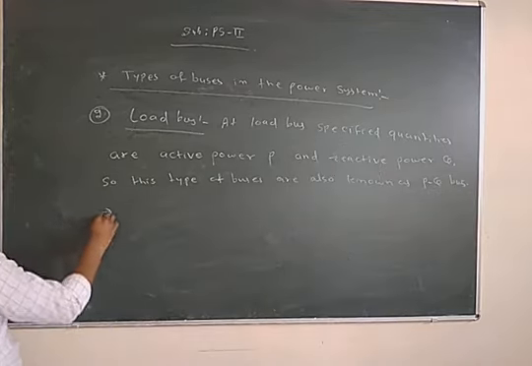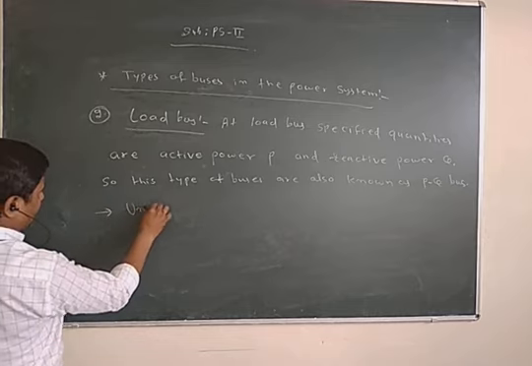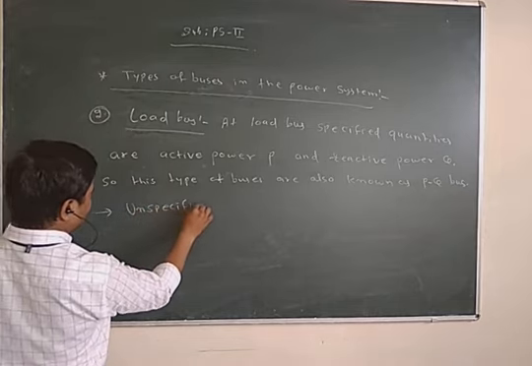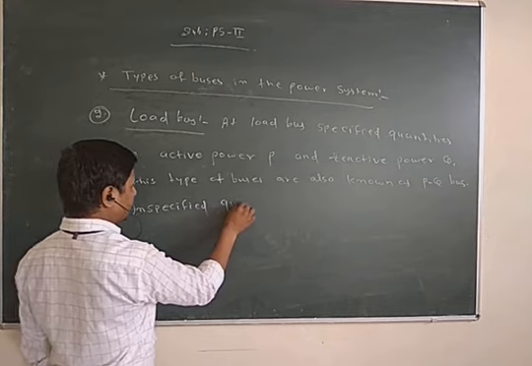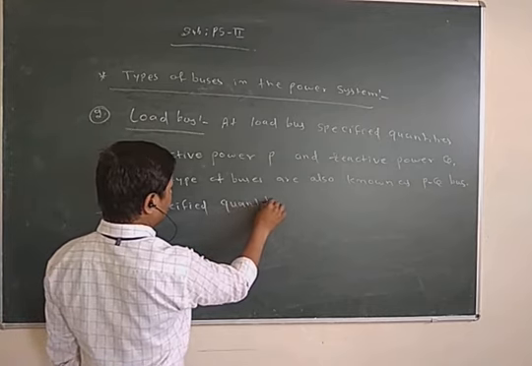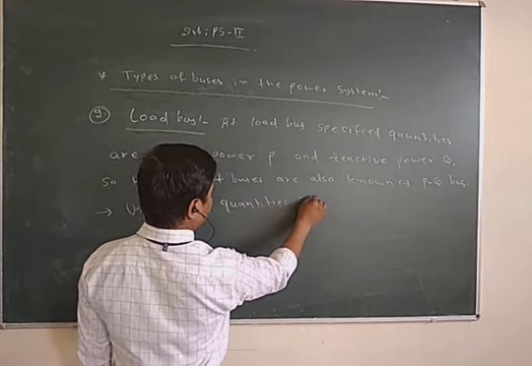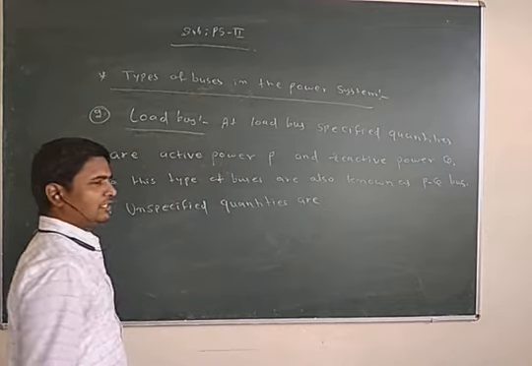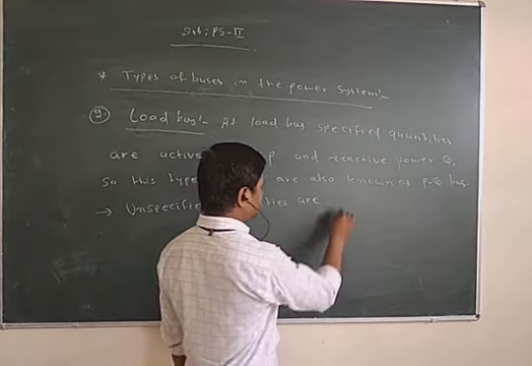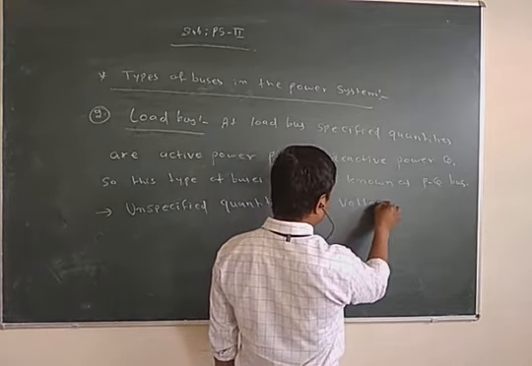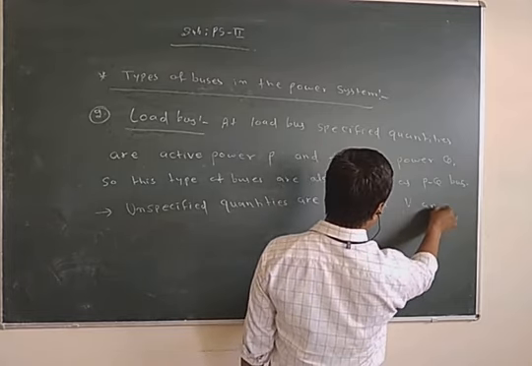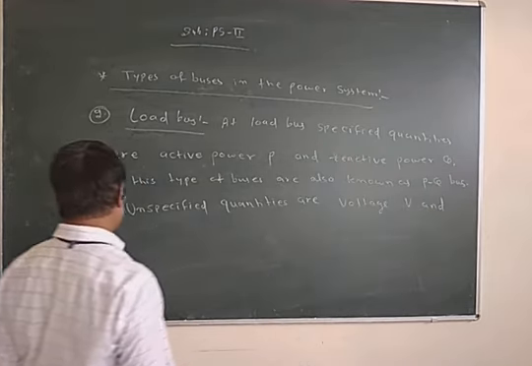Unspecified quantities are voltage V and phase angle delta.